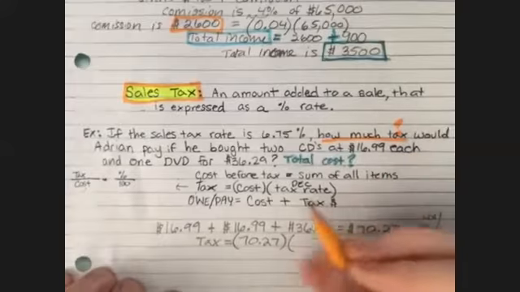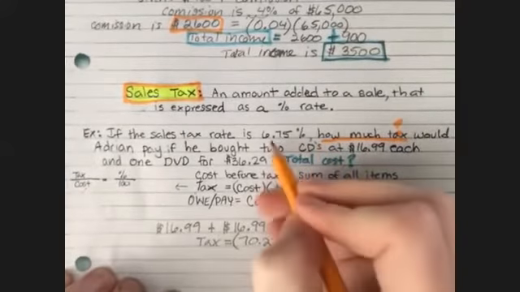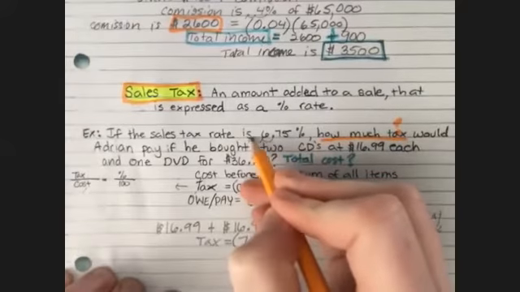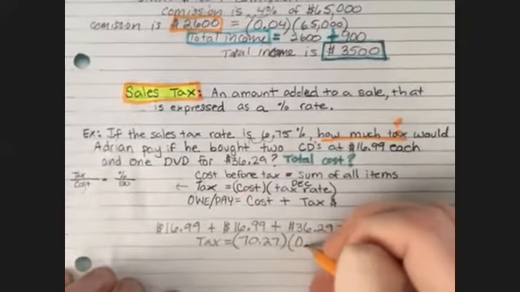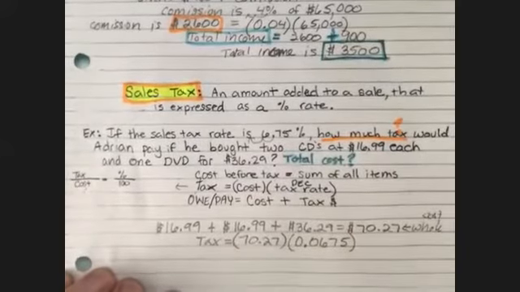And again, if you're using this method, you must put it into a decimal, which means divide by 100, so move it 2 places. That is 0.0675.